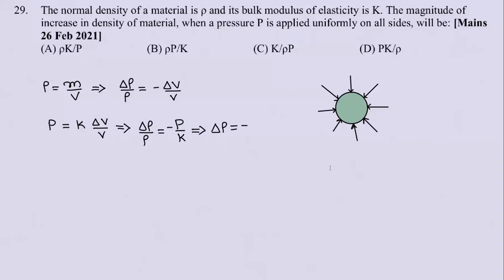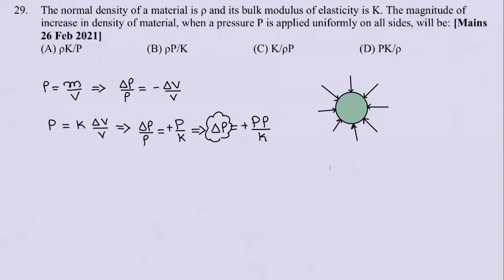Delta rho is equal to minus P rho by K. A small problem is there, that minus sign. Actually speaking, increment in pressure will decrease the volume. There is one more minus sign there. If you apply that, then this plus will come here.